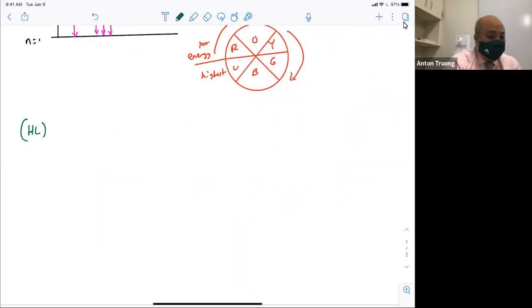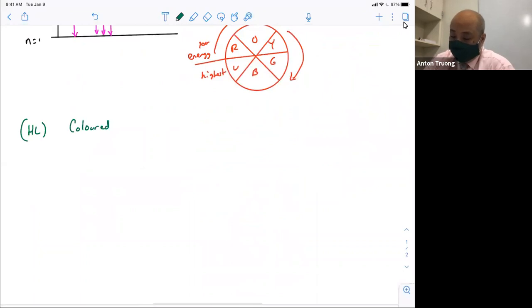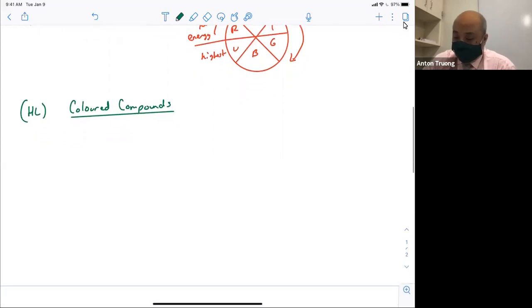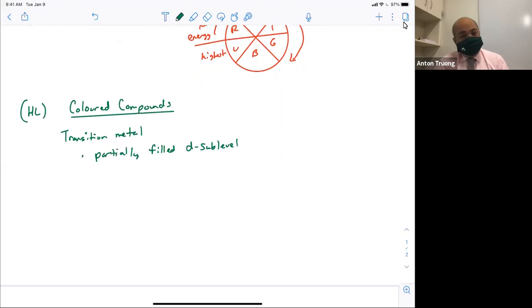Higher level state and explain. This is going to be colored compounds. Understanding why transition metals form colored compounds is a big explanation idea, because it incorporates a lot of different concepts that are required for the color to actually be transmitted by the species. So for the transition metal, you want to emphasize that it has a partially filled D sublevel.